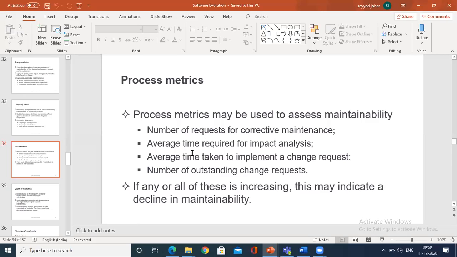Number of requests for corrective maintenance. So the question could be, what are the metrics used for assessing the maintainability under predictive maintenance? You need to explain these four metrics with the explanation.